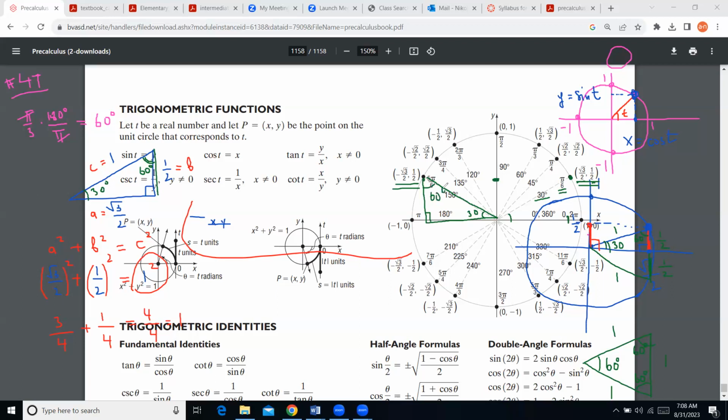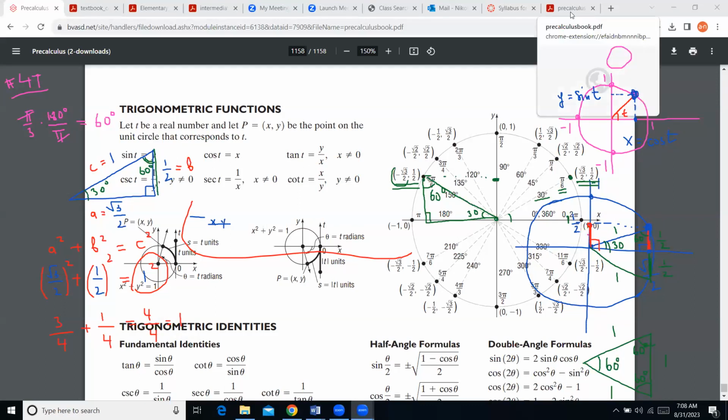And the only difference is that the x coordinate is negative because x is going to the left, because y is still the same, y is still 1/2. So that's why on this picture, I actually don't have to have that many angles, because I could just use ideas of reflections and produce all of the answers. But I think it's helpful to see this picture and to be able to locate it anytime you need.